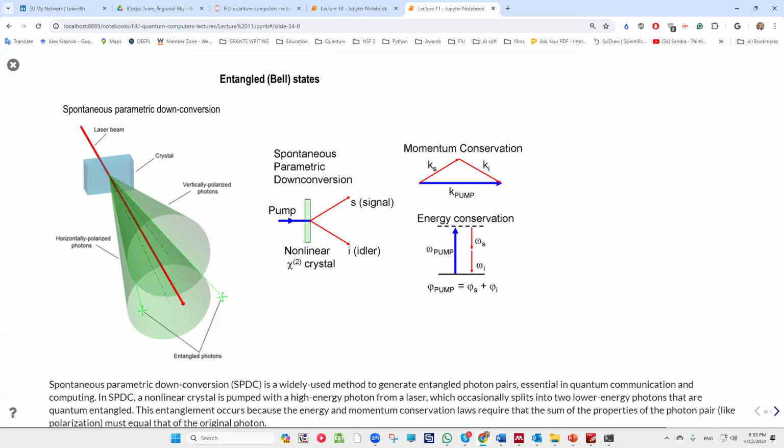Let's say the green photon is split into two red photons, right?